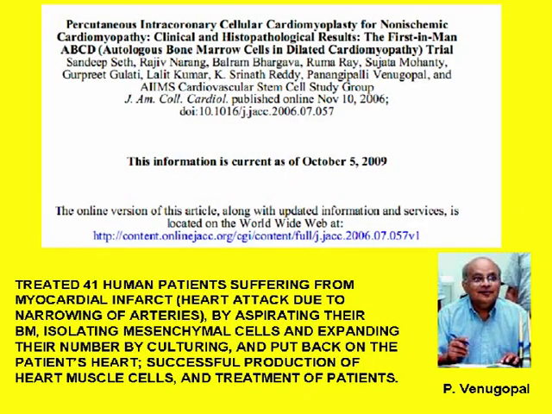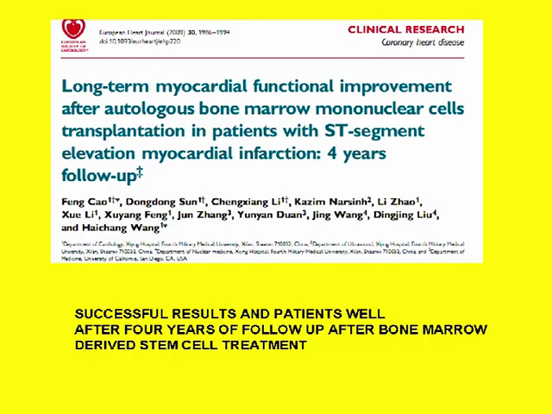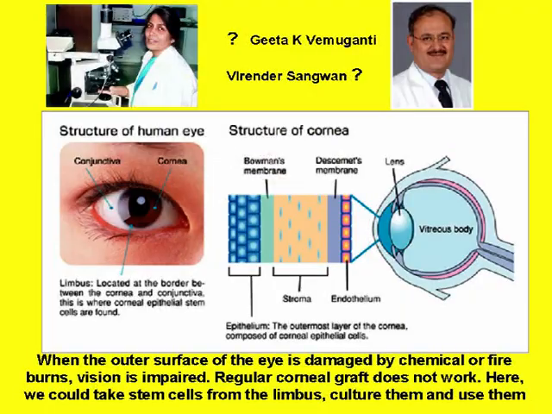Can I take the bone marrow, separate not the blood-making cells but the tissue-making cells, the mesenchymal cells, and put them right where the infarct has happened? And the answer is yes, you can. And the patient recovers. 41 patients. Long term, 4 years later, there has been no difficulty. So it's possible, therefore, to use bone marrow-derived cells as stem cells. We'll now come to Kannappa Nayanar.